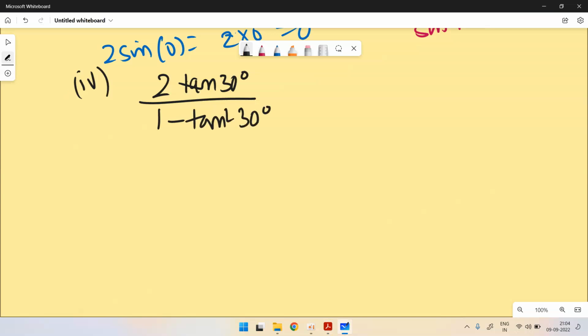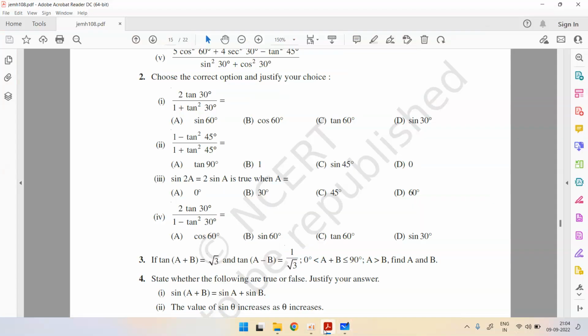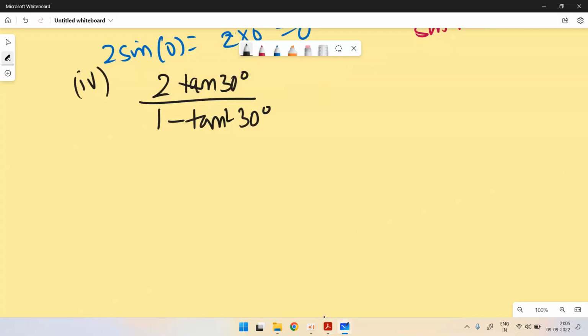Since there is a minus sign in the denominator, which means two of them will be added, this is the formula for 2 tan theta by 1 minus tan square theta.